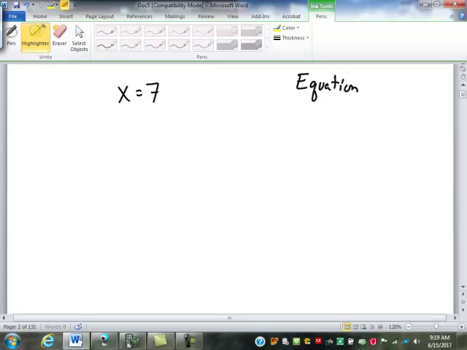And a key to an equation is that symbol right there, which is called the equal sign. Now here's the tough one. Without using the word equals, define what that symbol means. Is, same as.